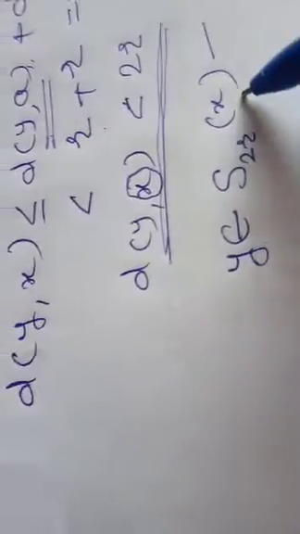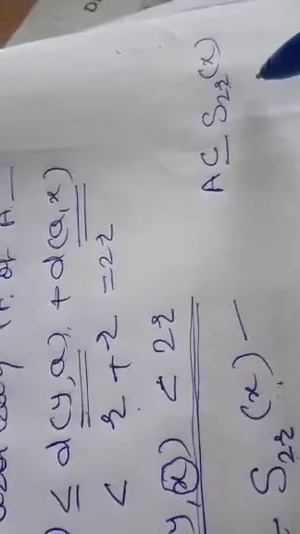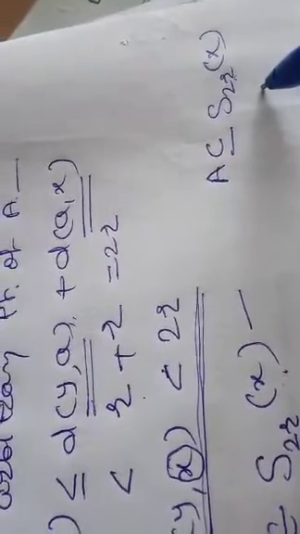We have taken y as an arbitrary point of A and shown that y belongs to S_2r(x). Means A is a subset of S_2r(x).